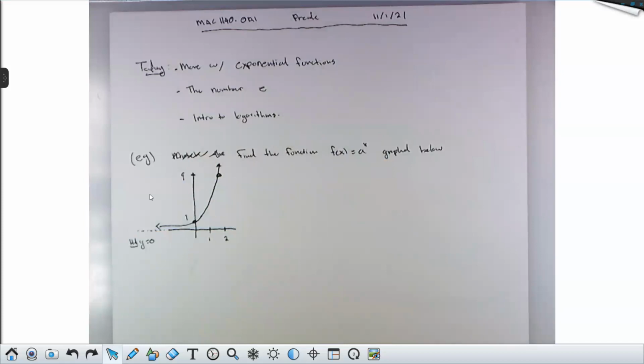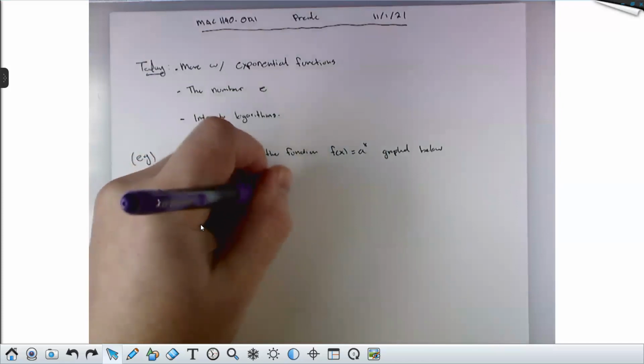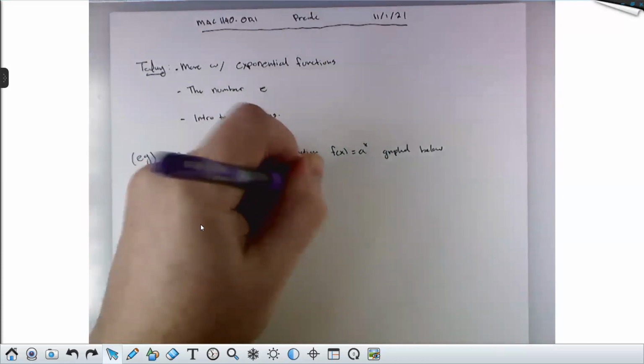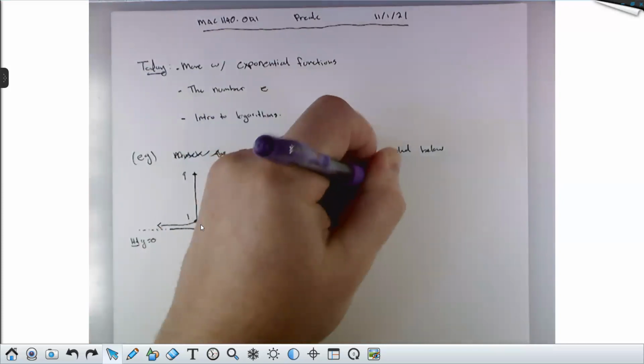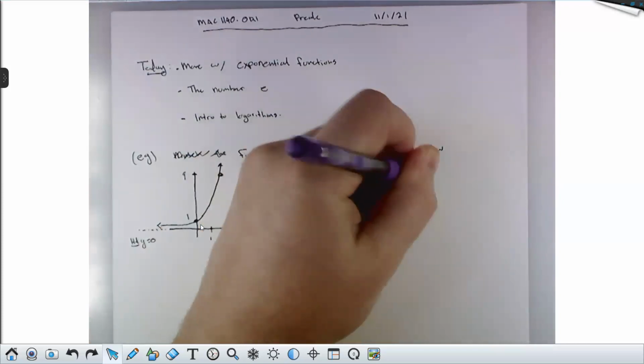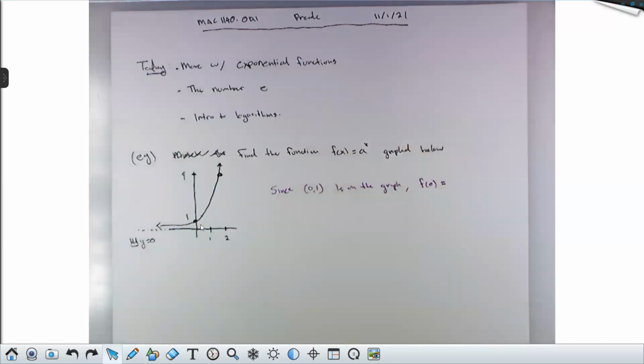And really, we've got two pieces of information here. I've got this point and this point that I can work with directly, plugging numbers in here and trying to find a. This point is (0, 1). This is going back to some chapter 2 stuff.